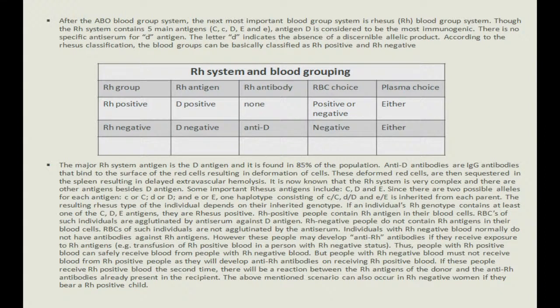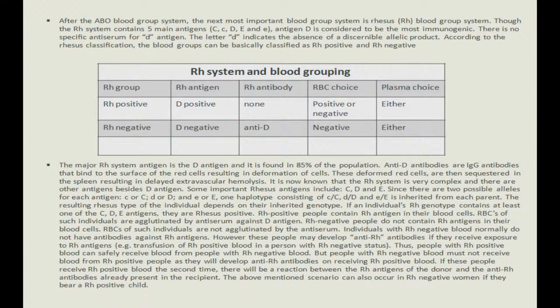The resulting rhesus type of an individual depends on their inherited genotype. If an individual's rhesus genotype contains at least one of the C, D, E antigens, they are rhesus positive.